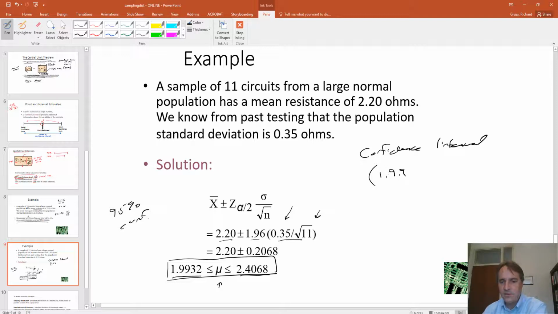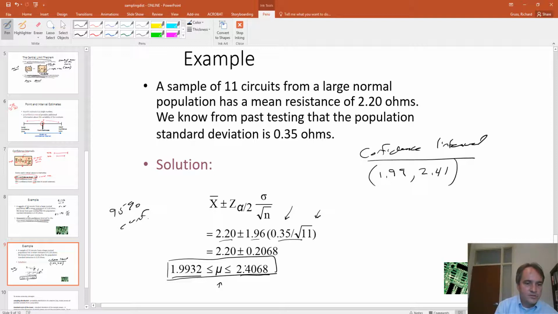It doesn't matter which. It's just writing the lower bound and the upper bound like this. So this is how you would express a confidence interval, these two ways. Just be sure that when you're stating a confidence interval, it actually has two numbers. A confidence interval needs to be a range.